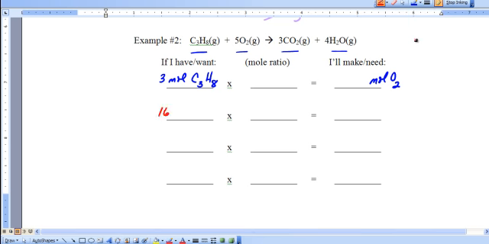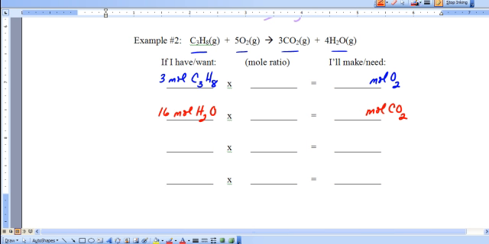If you start with 16 moles of water, and in fact that's a product, so we're going to make 16 moles of water. The question is, how many moles of CO2, carbon dioxide, would be produced with it? Of course, they're both products in this reaction. So how many moles of carbon dioxide would be produced along with 16 moles of water?